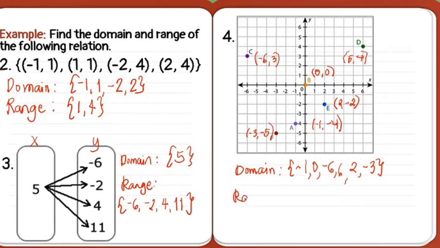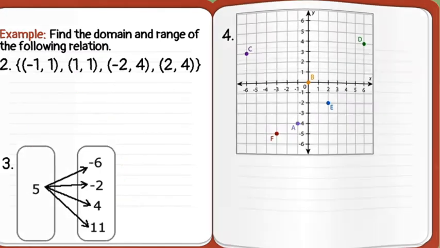And then for the range, so sa A, we have negative 4, sa B, 0 ulit, sa C, 3, sa D, 4, sa E ay negative 2, and then sa F ay we have negative 5. So, ganyan yung pagkuha ng domain and range given yung graph.